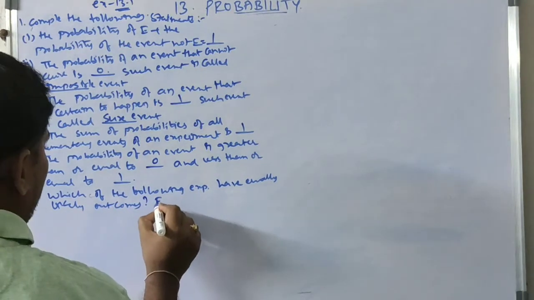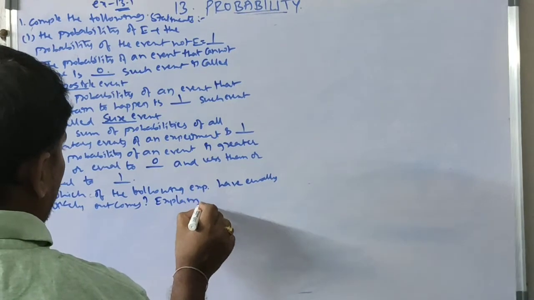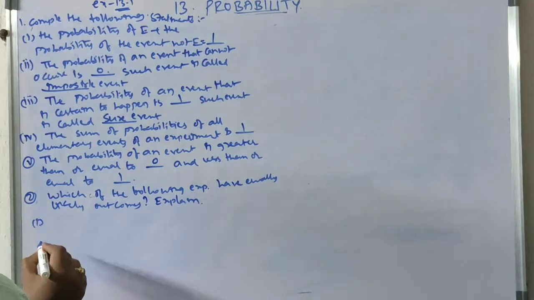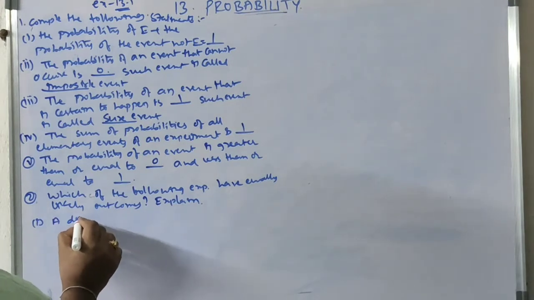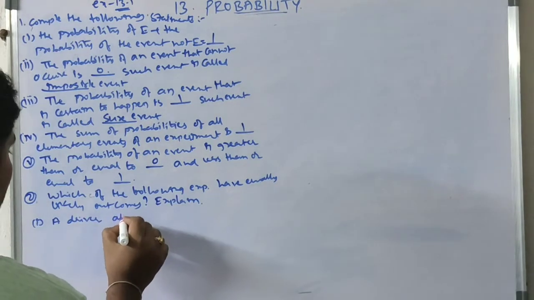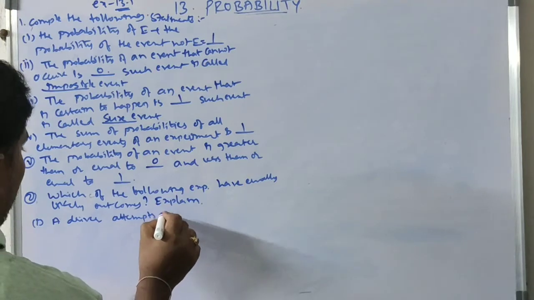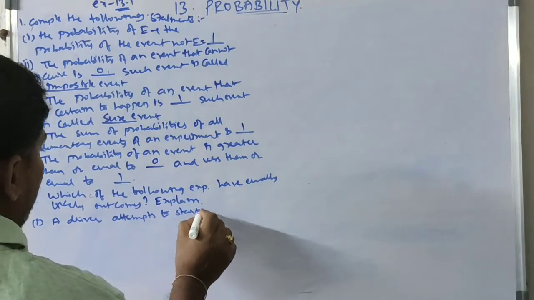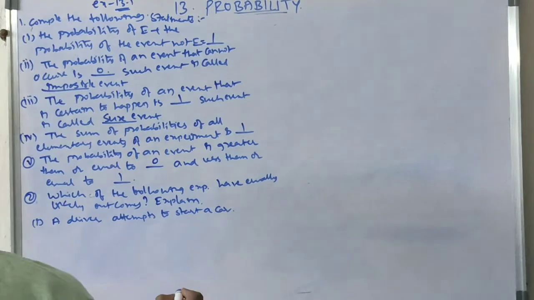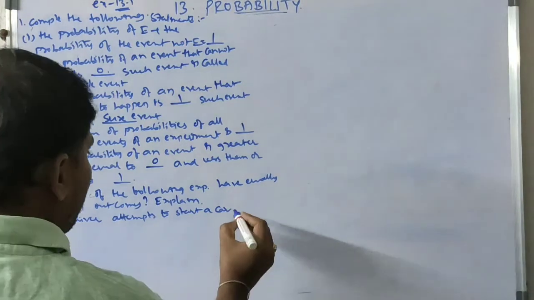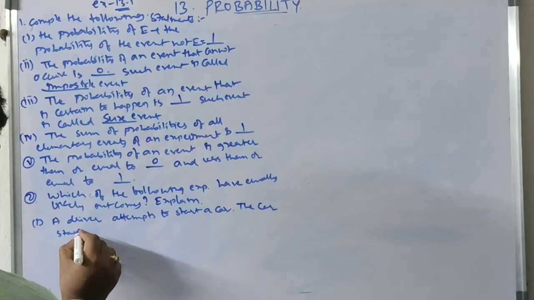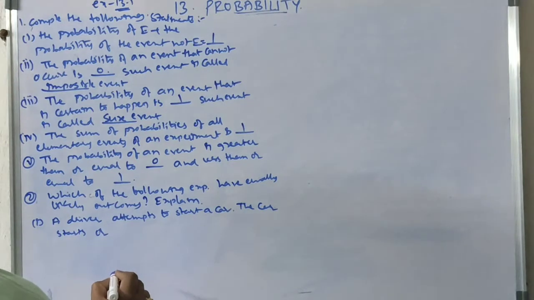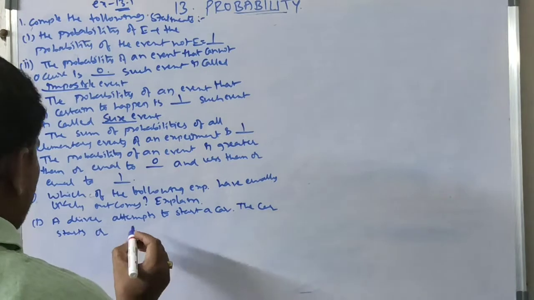Explain. First one: a driver attempts to start a car. The car starts or does not start.